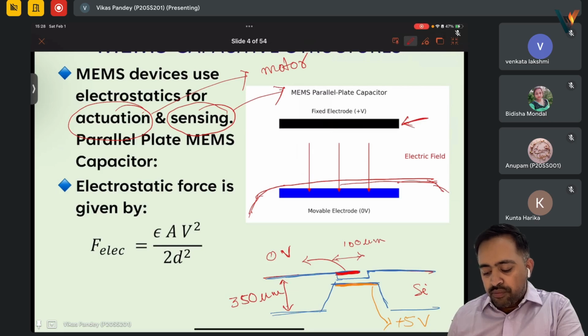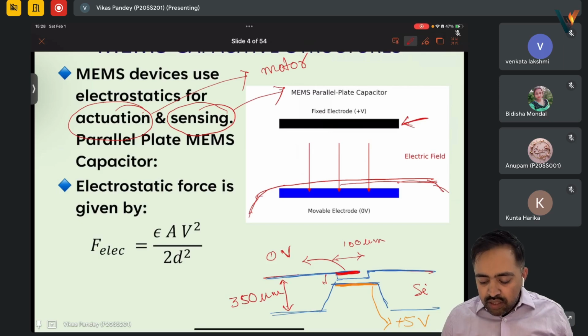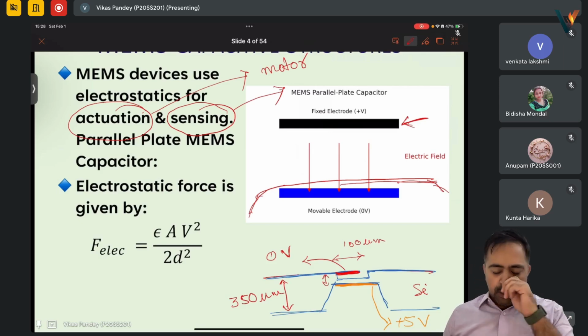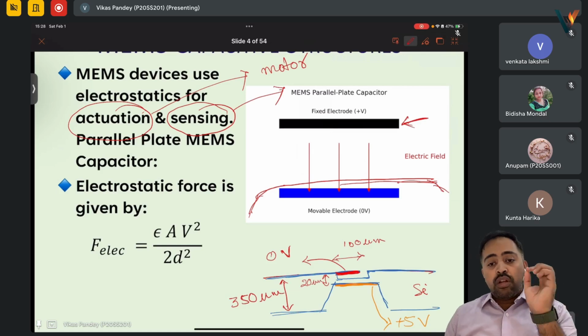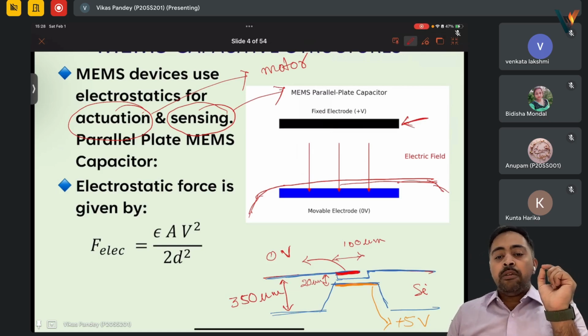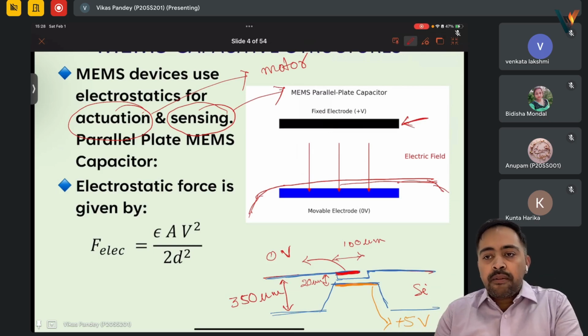We have etched out, so the total distance D here can be around 20, 30 micrometers, or maximum 50 to 100 micrometer. Let's assume 20 micrometer. So now, can we say that it is a capacitor structure? Can it be called a capacitor?